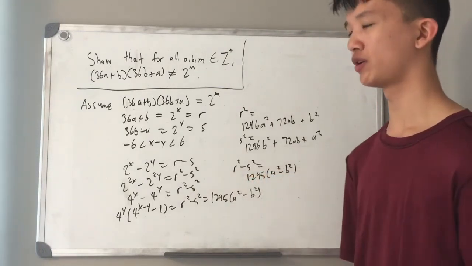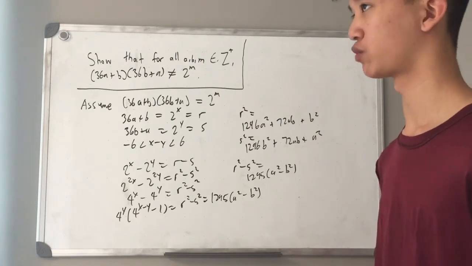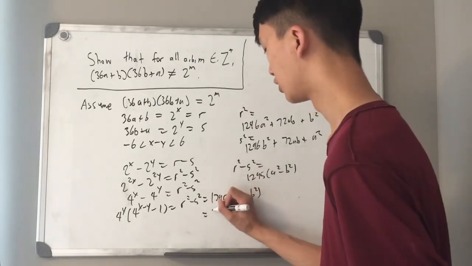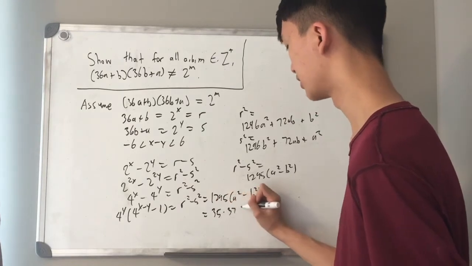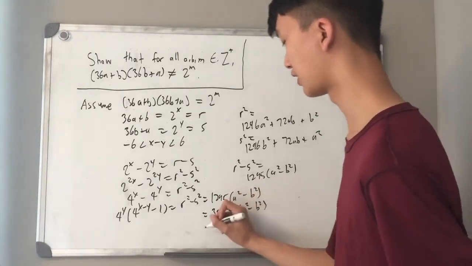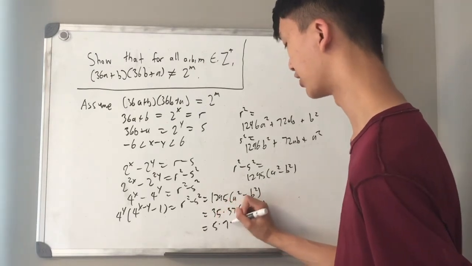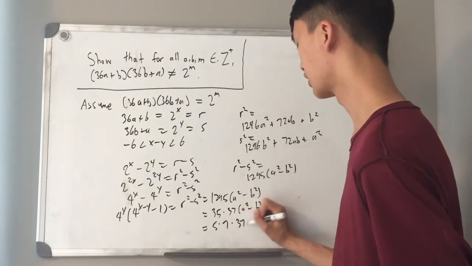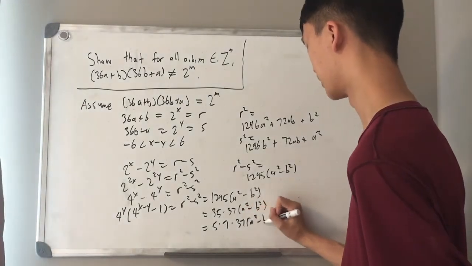Now, 1295 is equal to 36 squared minus 1, so we can use a difference of squares to expand this. And so this is equal to 35 times 37 times (a squared minus b squared). Additionally, note that 35 is equal to 5 times 7.